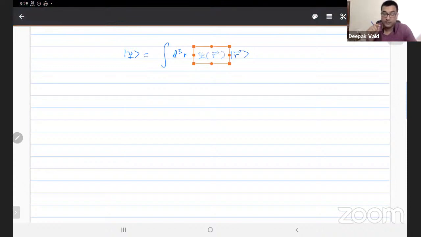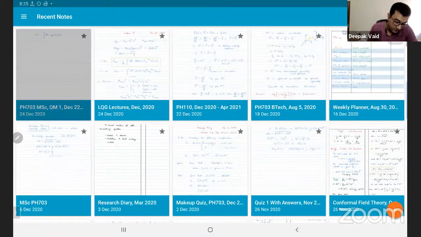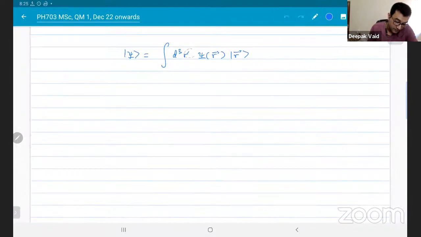This is the component of psi along the vector r, right? So if I do this, let me put a prime on this r. Okay, sorry about that.